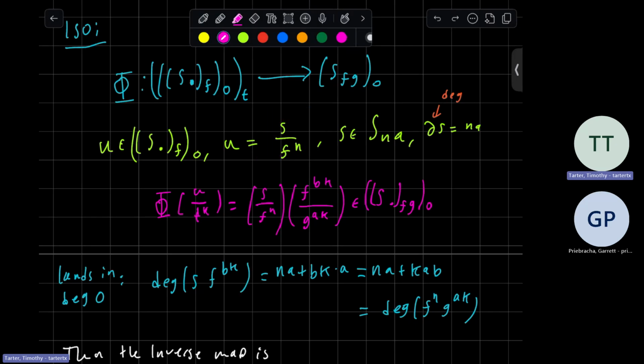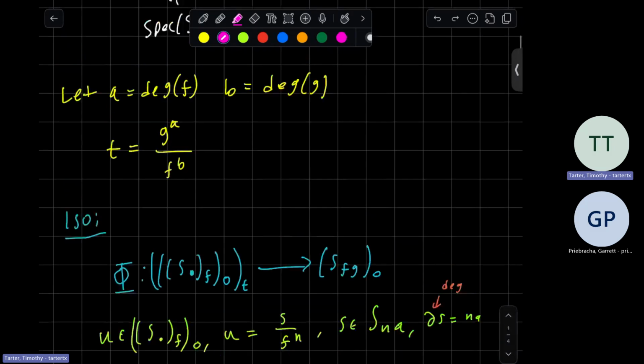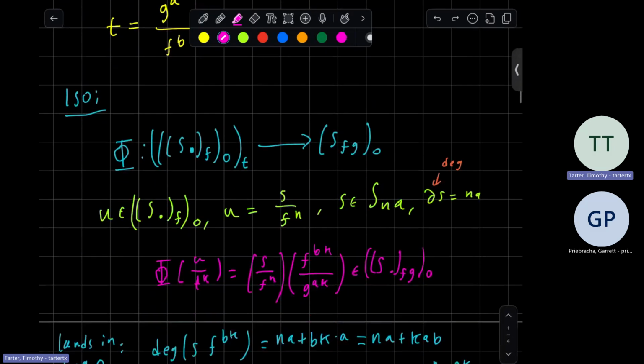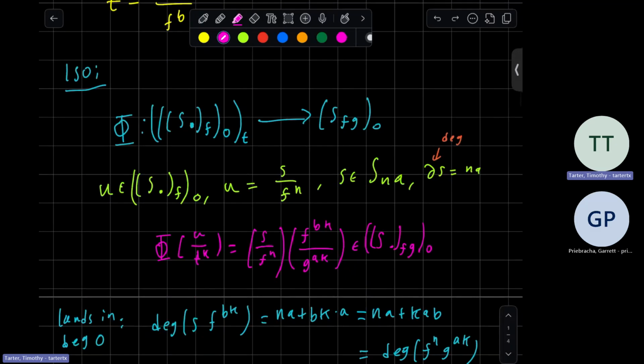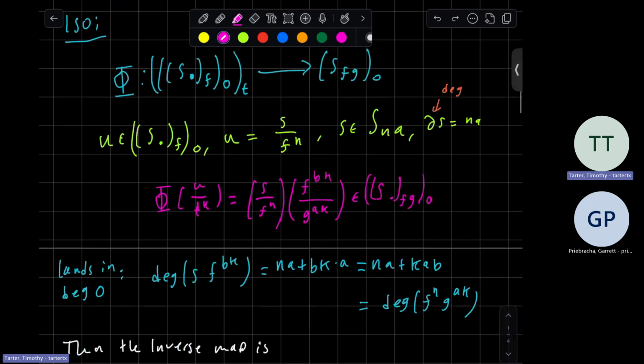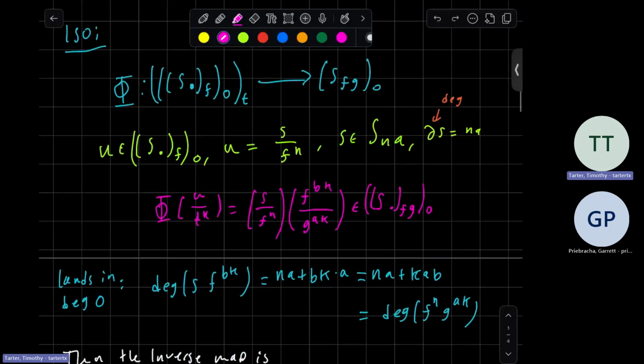And as long as our degree is n times the degree of f for some n, this cancels out to be degree a, right? So basically the idea here is that s over f to the n has degree na minus na, since the degree of s is na. And so this guarantees that we're staying in the domain that we want.